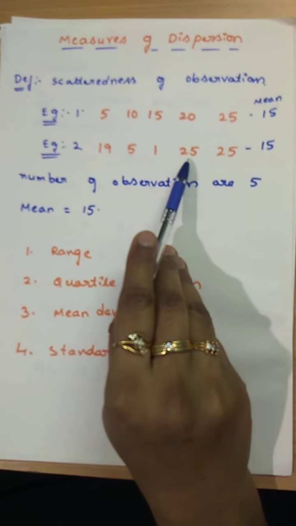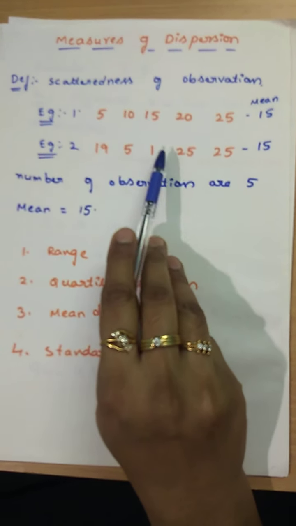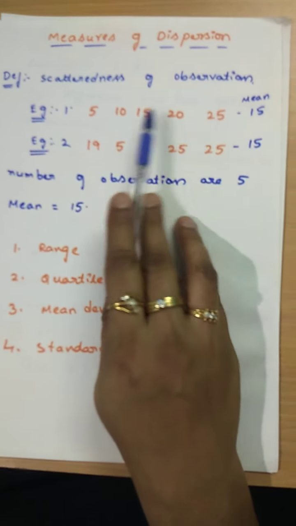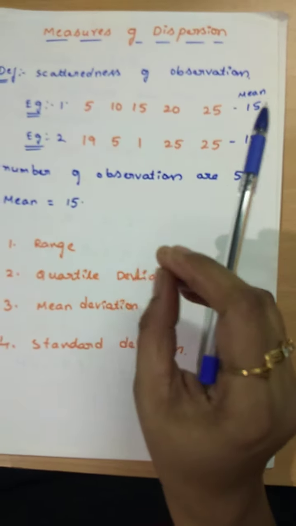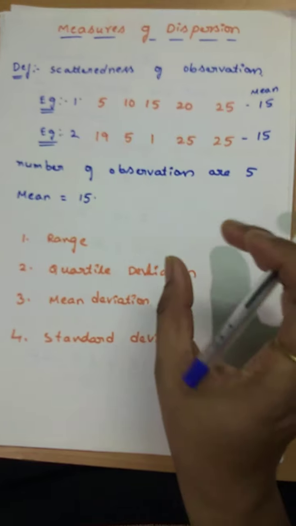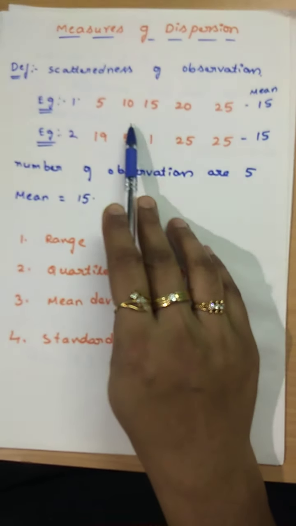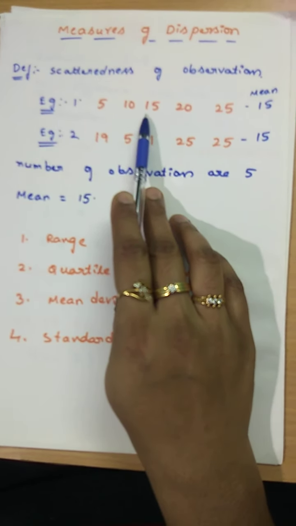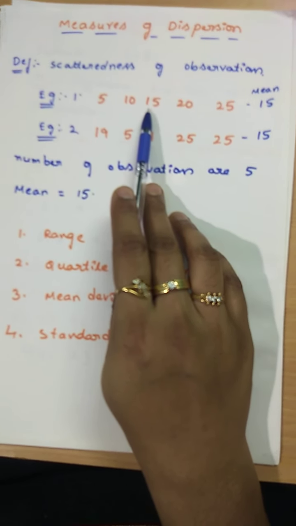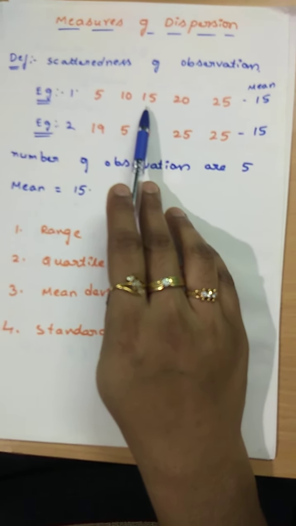So we can say the dispersion is less in the first case. Dispersion, scatteredness, means variation, and the scatteredness is less here.